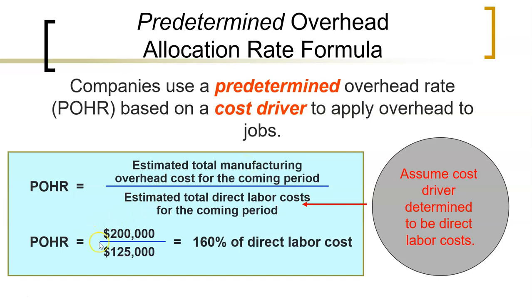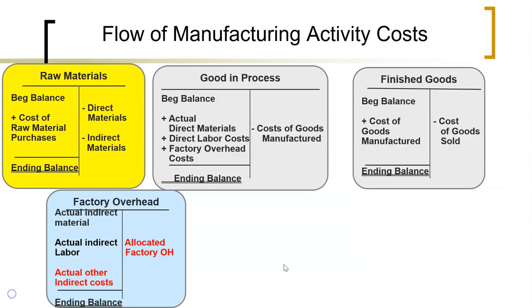The predetermined overhead rate is calculated by taking the total estimated overhead divided by the total estimated cost driver. Using that predetermined overhead rate, we multiply it by the actual cost driver to come up with the estimate, the allocated overhead we will debit into goods in process and credit into our manufacturing overhead or factory overhead account.